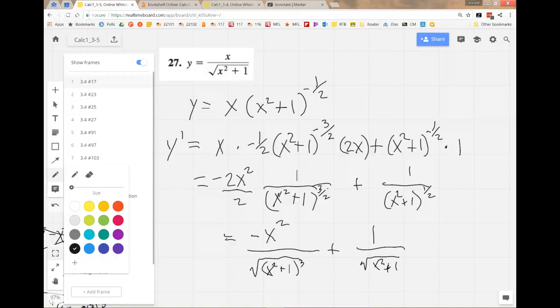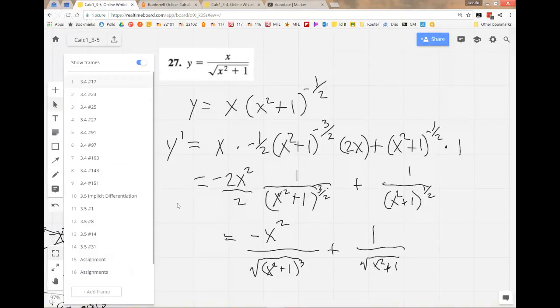I suppose we could get a common denominator, but I don't know if that's important or not. We could multiply this bottom one times the square root of x squared plus 1, and then they would both have a common denominator. Maybe we should do that, just in case.